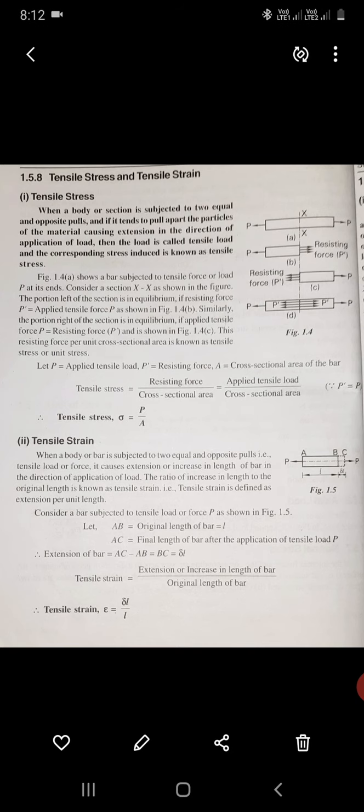Now after pulling, the bar extends by a small amount, that is delta L, so A to C is the final length, AB is the original length. Therefore tensile strain is the increase in length of the bar, delta L, upon the original length of the bar, L. So tensile strain epsilon equals delta L by L.